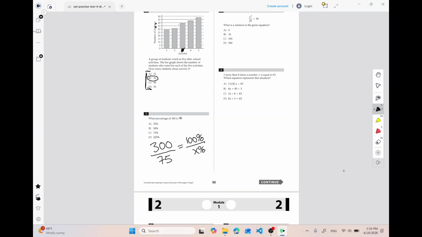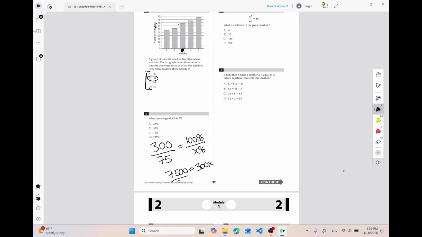300 is the total and 75 is less than that. They're asking us what percentage of the total is 75. So the x corresponds to the 75 on the bottom. We're going to cross multiply to solve. So 75 times 100 is 7,500. And that's equal to 300x.